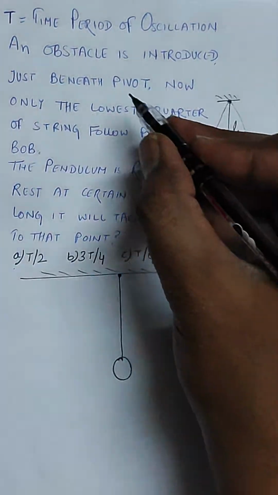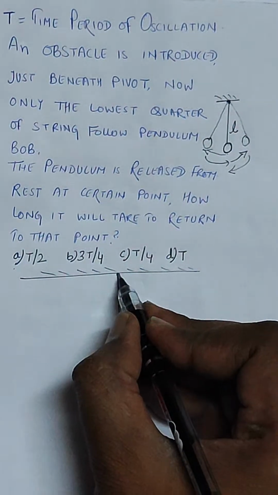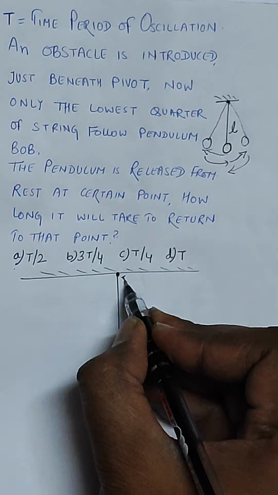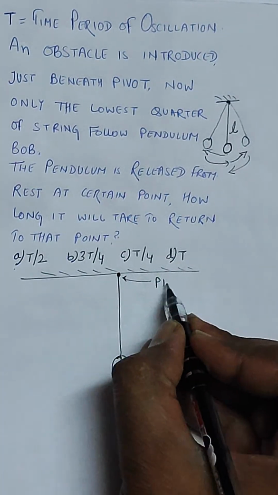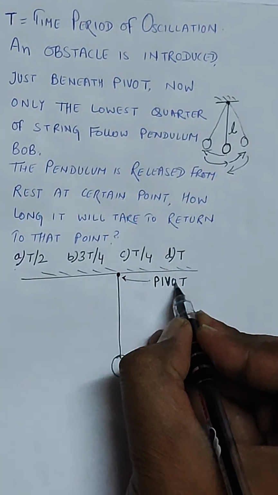Now an obstacle is introduced just beneath the pivot, so this point we can say is your pivot, the point through which it is hung.